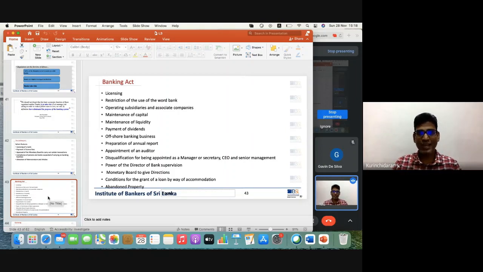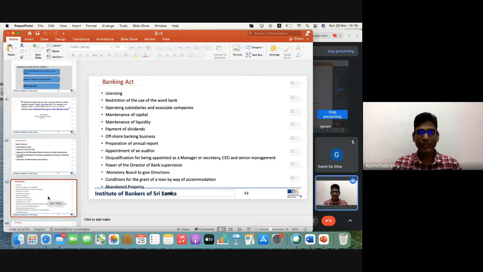Then you can go to the direction. Based on the Banking Act and the Monetary Law Act, the central bank issued directions to the banks. In the directions, it clearly explains what the regulatory mechanism or framework is for each and every item mentioned here. That is in detail.